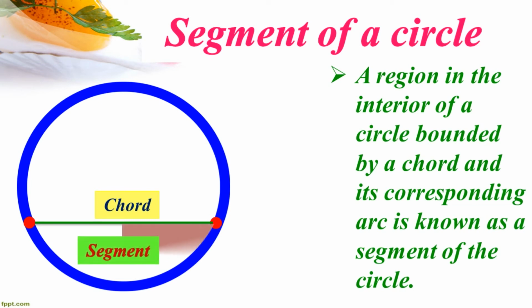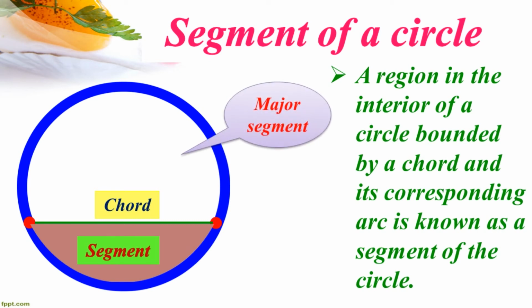So here each part is called a segment of the circle. Next, the segment containing the center of the circle is called major segment, and the segment not containing the center is called minor segment.